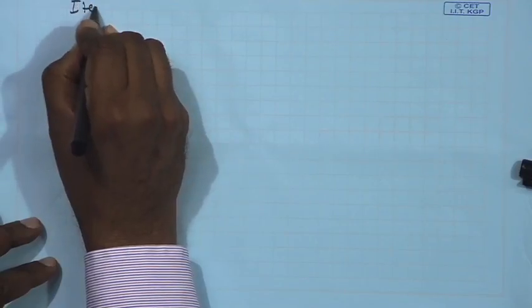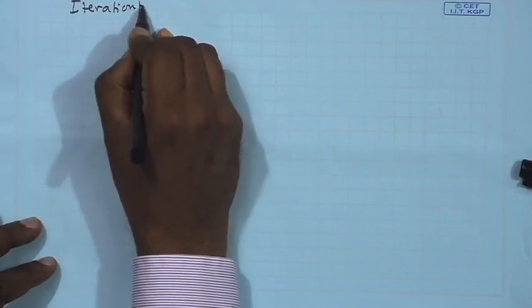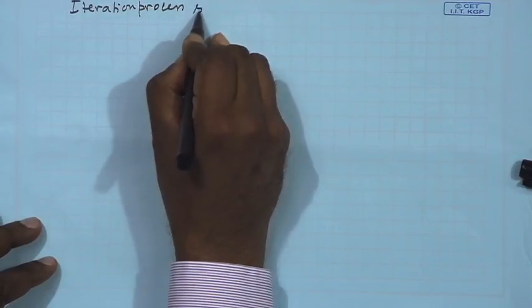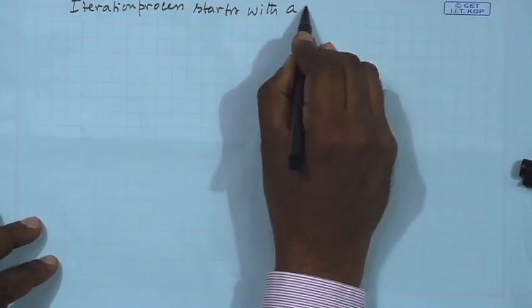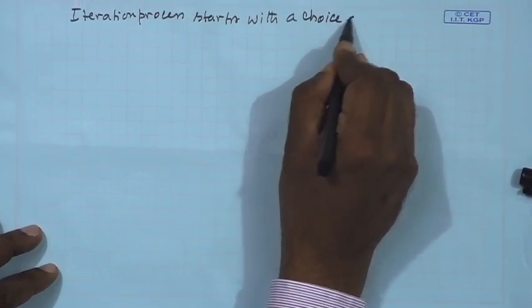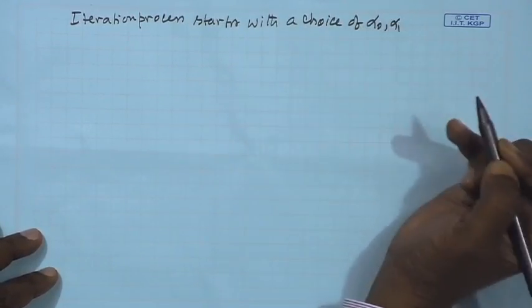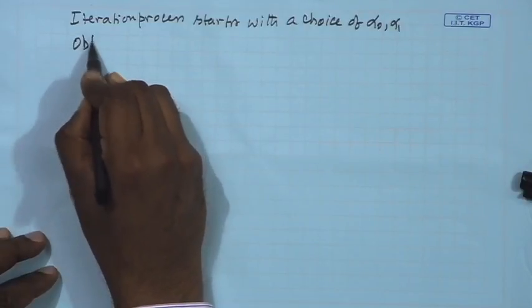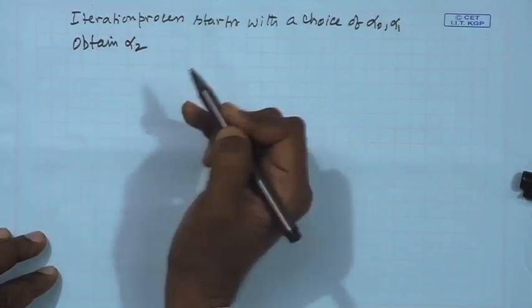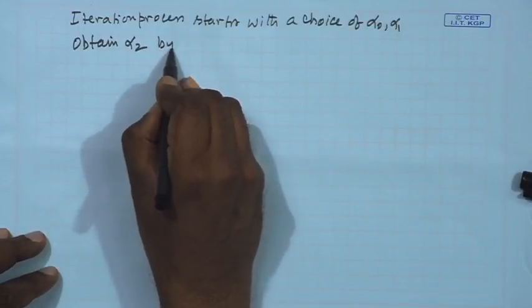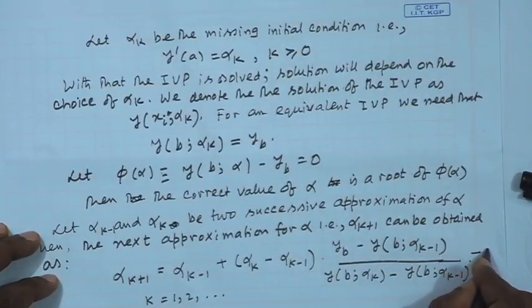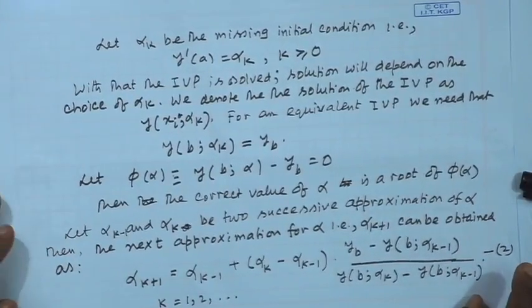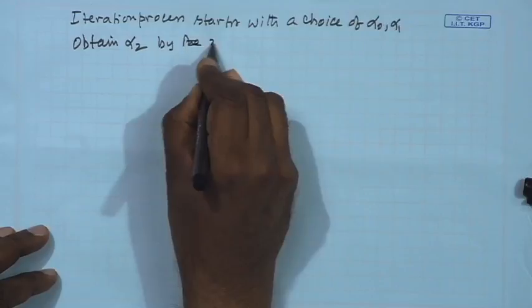So, the iteration process starts with a choice of alpha 0, alpha 1, then obtain alpha 2 by the previous relation, let us call this equation 2, and the IVP we call equation 1.